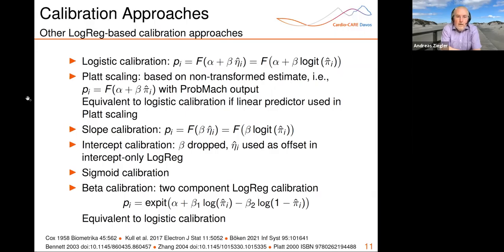And so you estimate 3 parameters in total rather than 2 as in the original logistic calibration. It has already been shown in the Kuhl paper, and it has also been shown in the Birken paper that beta calibration and logistic calibration are equivalent, and the conditions for this equivalence have also been formulated.